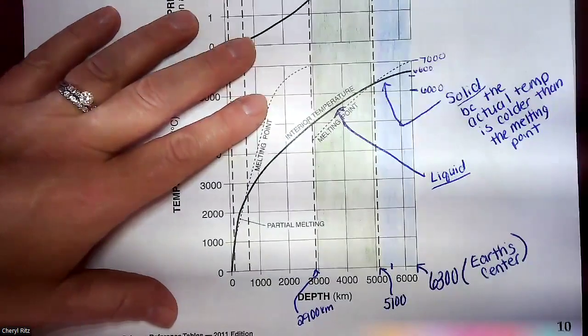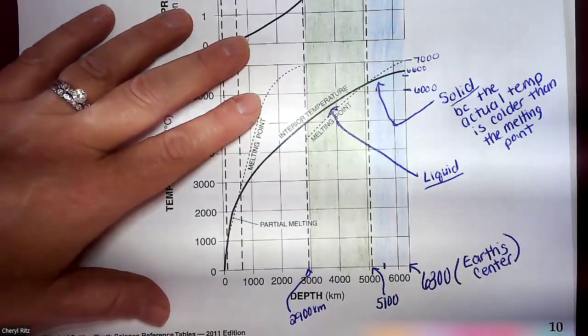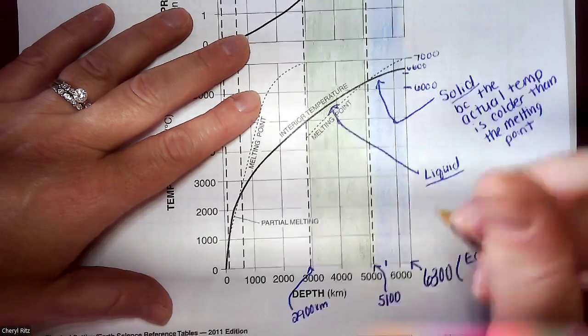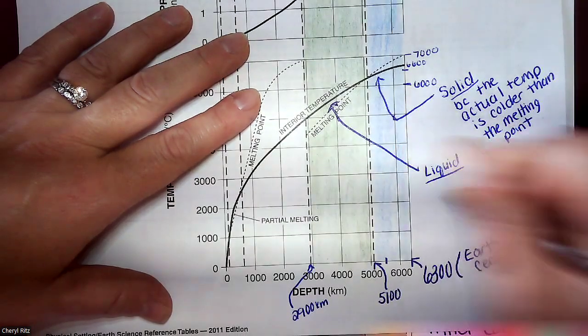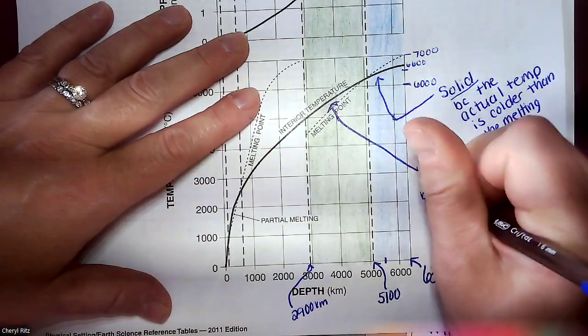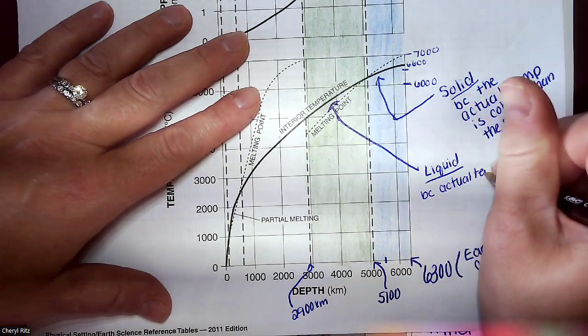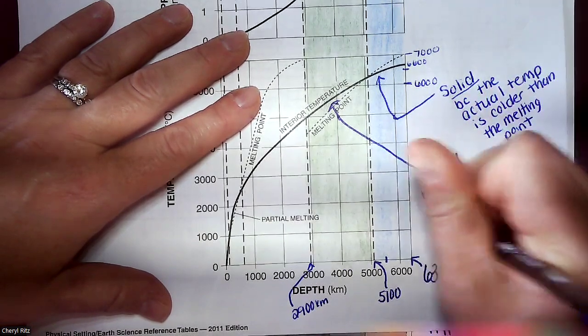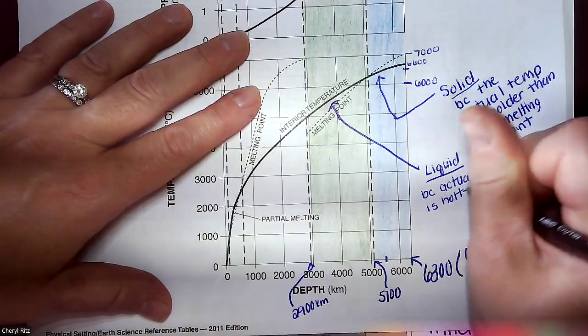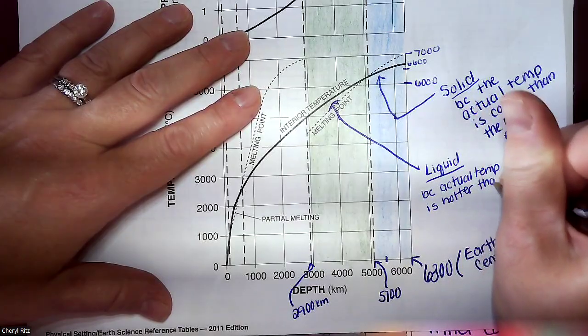How can I put in words that I know that the outer core is liquid? I talk about the actual temperature. So I am going to say the actual temp is hotter than the melting point.